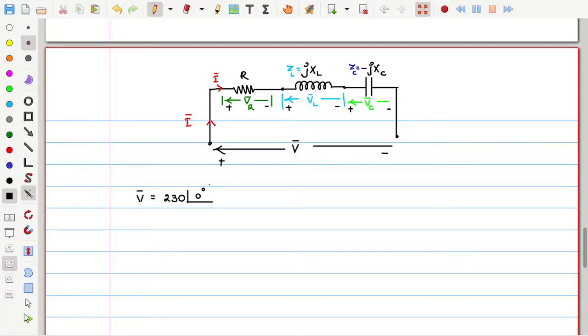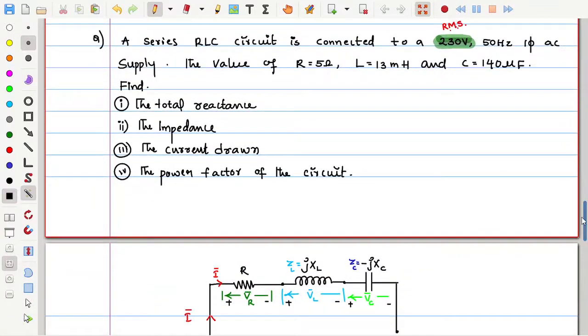Now next, what we need to see is that the values of R, L, C are given, but generally in the frequency domain, especially whenever you see this term, 50 hertz, observe that this is an AC system. So in AC, we should definitely calculate the impedances of each element.